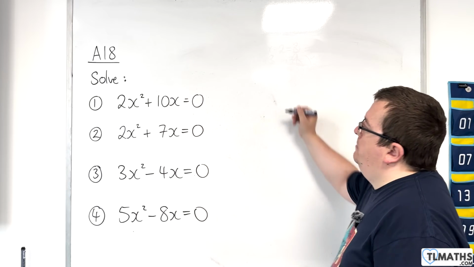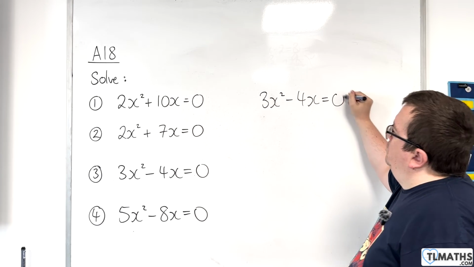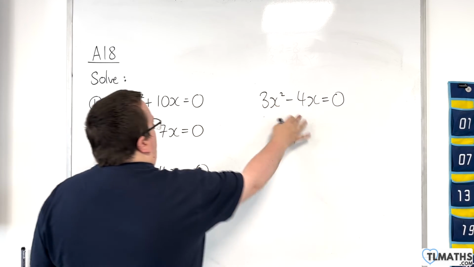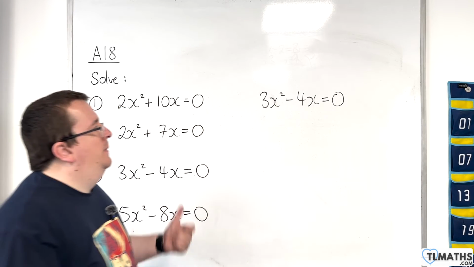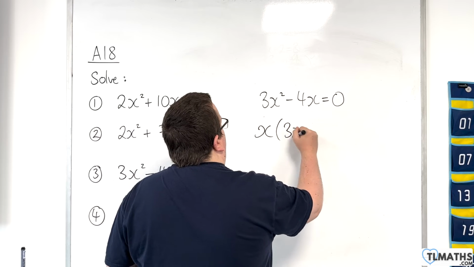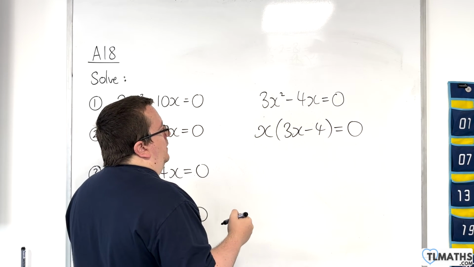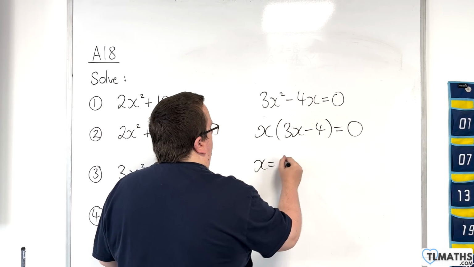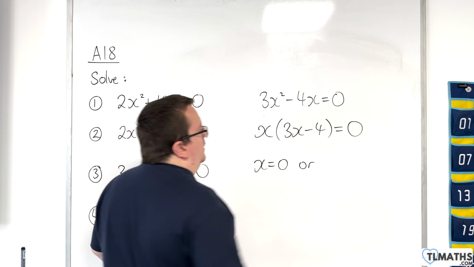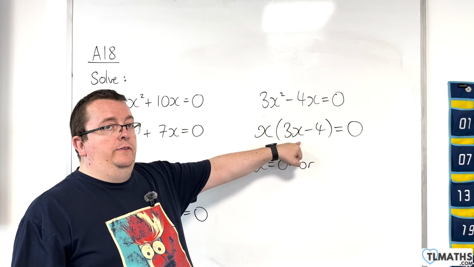Okay, number 3, 3x squared take away 4x is equal to 0. So 3 and 4 don't have any common factors, but we can factor an x out, and we'll have 3x take away 4 on the inside of the bracket. So either the x is 0, or, now if you could do that in your head, x would be equal to 4/3.